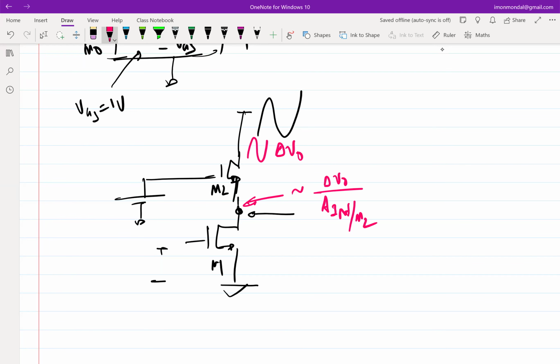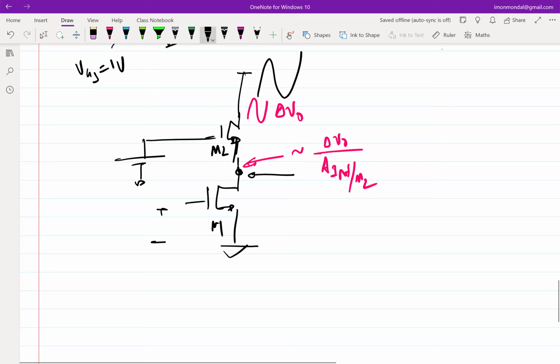So again, depending upon what delta V naught is, this might or might not be acceptable, but we agree that this is a better configuration with respect to reducing the swing at the drain of M1. We agree with that? Yes. Okay, so that's another potential solution.